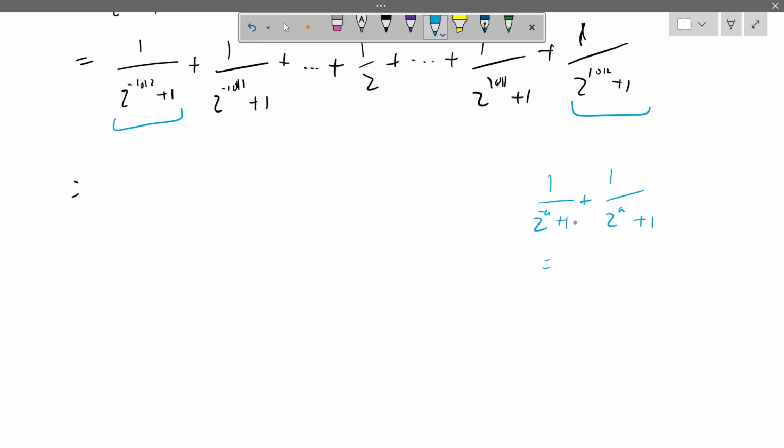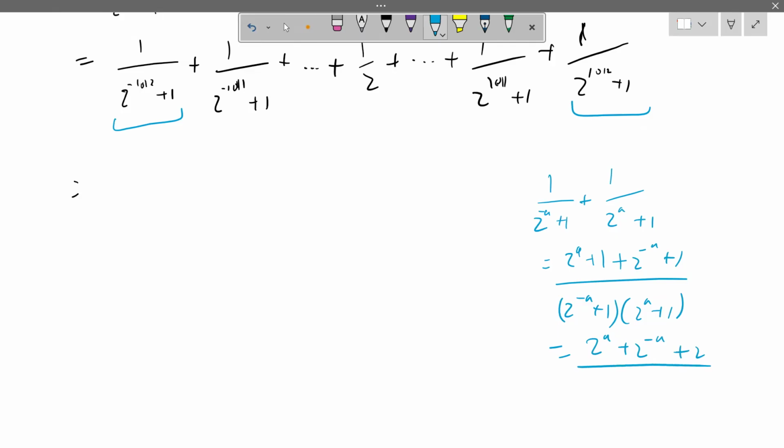So this here is equal to 2 to the power of a plus 1 plus 2 to the power of minus a plus 1, over 2 to the power of minus a plus 1 times 2 to the power of a plus 1. So the numerator is 2 to the power of a plus 2 to the power of negative a plus 2.